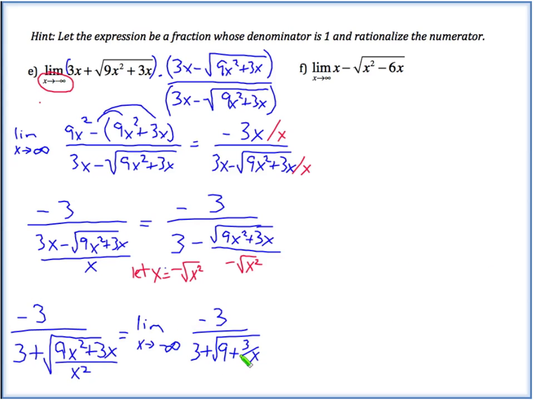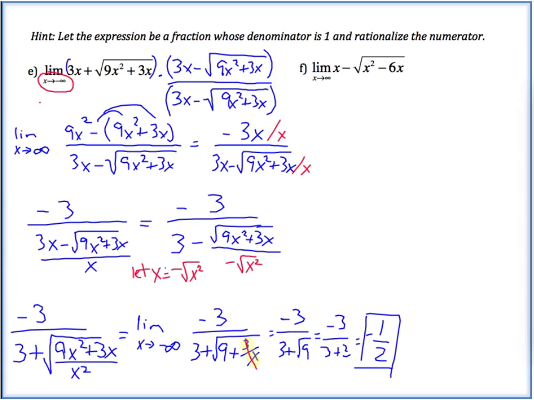Now looking at this, when we take our limit, the 3 over x is going to go to 0. So it effectively drops out. And so our final answer then, you can see all we have here is constants. So we have negative 3 over 3 plus the square root of 9, which is negative 3 over 3 plus 3. And negative 3 over 6 is negative 1/2.